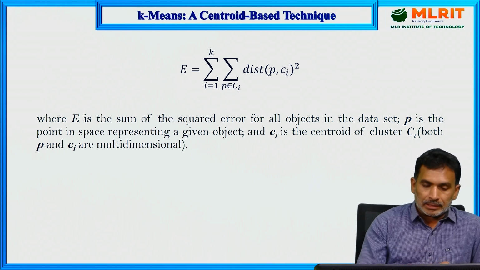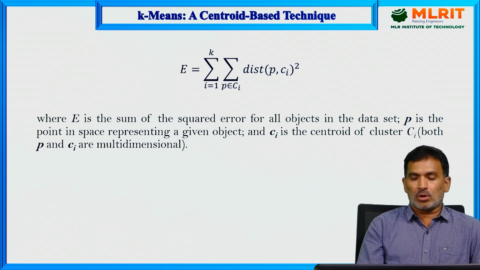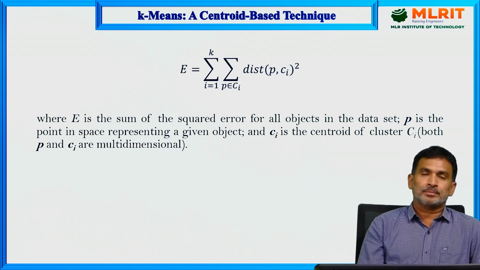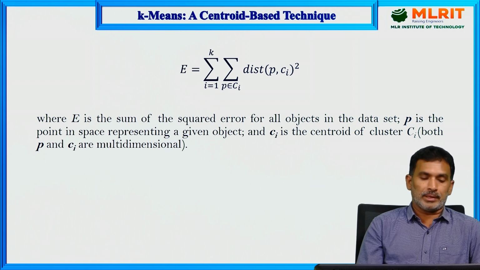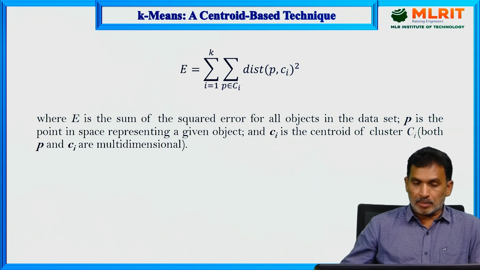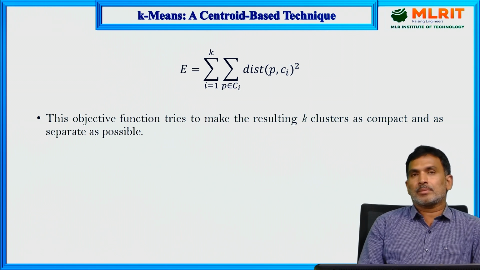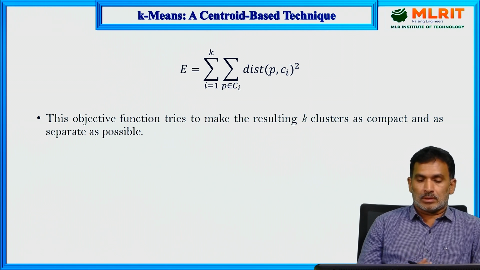Here E is the sum of the squared error for all objects in the data set, p is the point in space representing a given object, and ci is the centroid of cluster Ci. Both p and ci are multidimensional. This objective function tries to make the resulting k clusters as compact and as separate as possible.